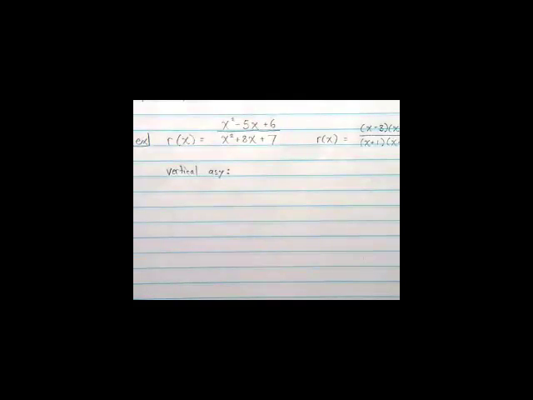Okay, so vertical asymptotes. We said we want to look where g of x equals 0. g of x is the denominator. So which one do you think I want to look at, the original or the factored one? Actually, no. The factored one. Why do I want to look at the factored one for this?